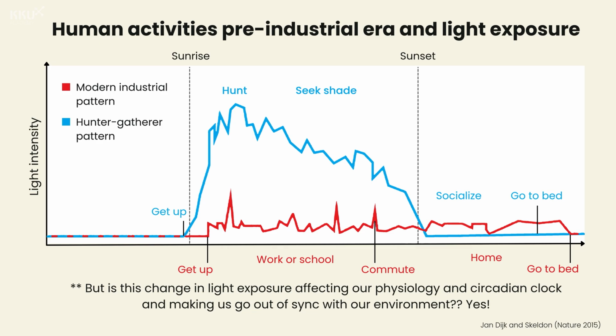Humans were subject to very high light levels, and then it depreciated throughout the day. At sunset, it went to very low light levels. And so our ancestors saw very high light levels during the day and very low light levels, if any light at all, at night. And this is basically the kind of perfect geometry that you want to support circadian wellness.